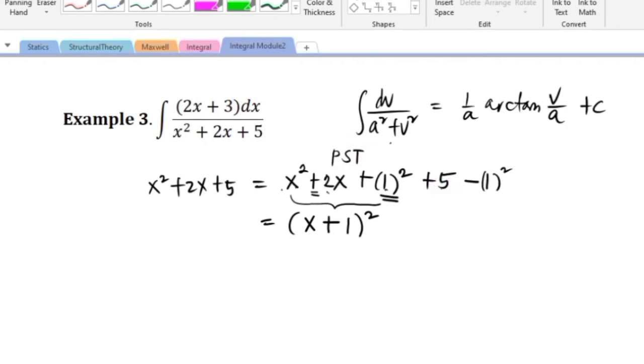And in here, we have 5 minus 1, so that's 4. And if we are going to take this sa form na gusto natin, this would give us 2 square. So, makikita natin dito na etong x plus 1 natin, ito na yung v natin. And itong 2 na to, yun na yung a natin. So, nadala na natin siya sa ganitong form.